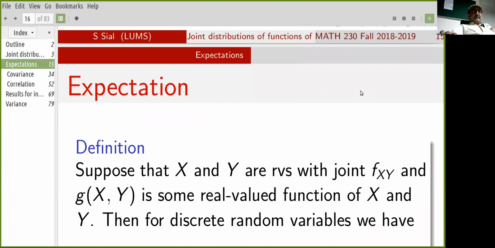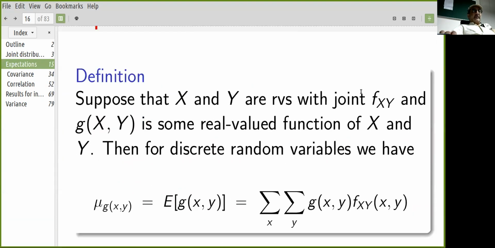So supposing that x and y are random variables, they have a joint PMF f sub xy, and g of xy is some real value function of x and y. Then for discrete random variables, the expectation of g, which is a function of x and y, we also write it as E of g(X,Y).